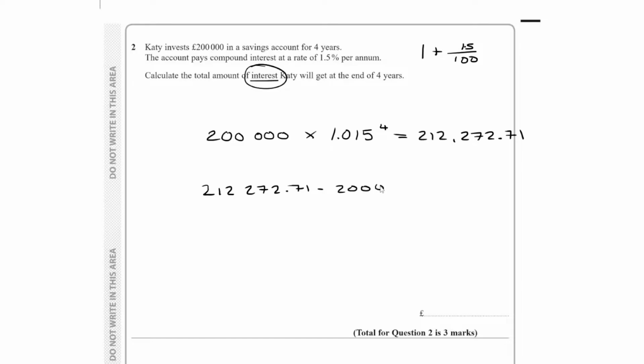Subtract the principal amount, the starting amount. So you can see you should just get £12,272.71. I normally round to 2 decimal places just because it is money. Okay, so that's your 3 marks for that one.